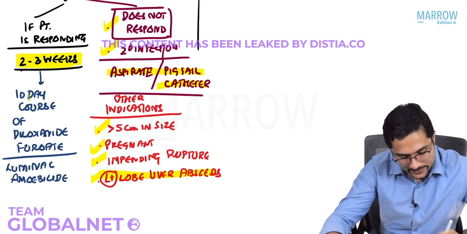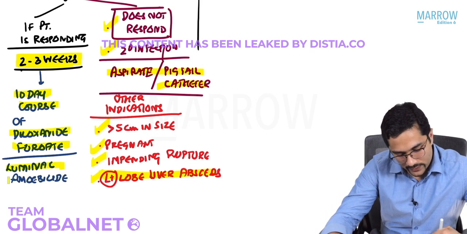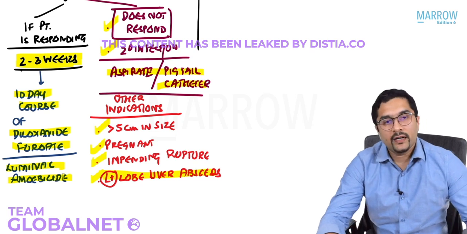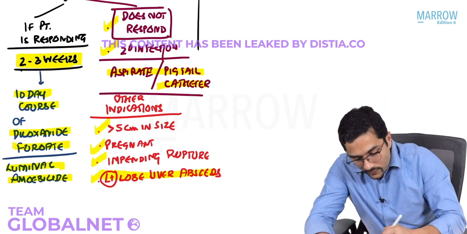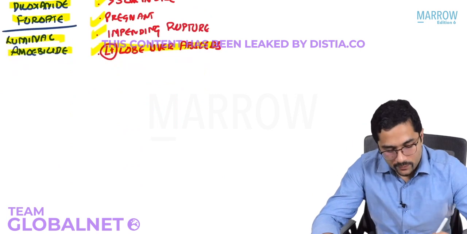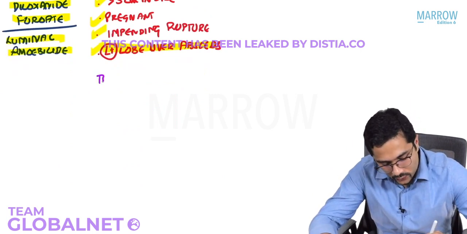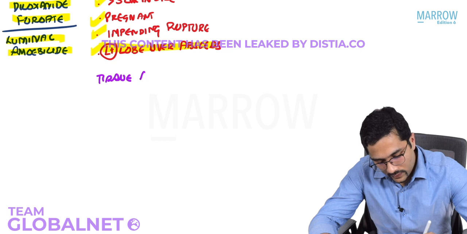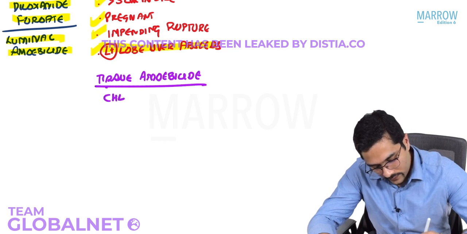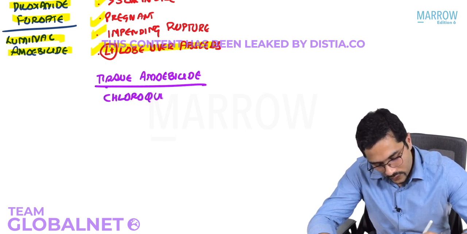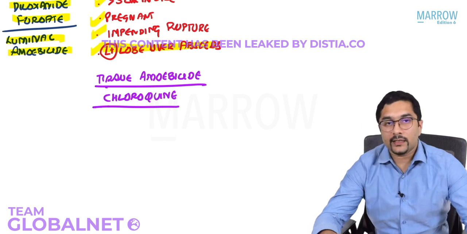So please remember this 10-day course after metronidazole. Also, if the patient is not responding to metronidazole, another tissue amebicide is chloroquine. So chloroquine can also be added in these patients.